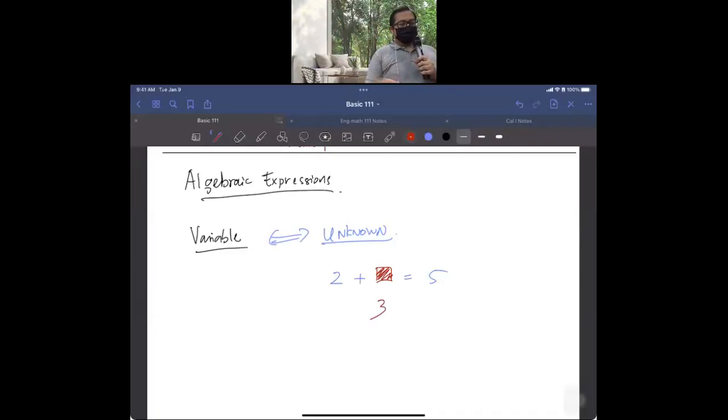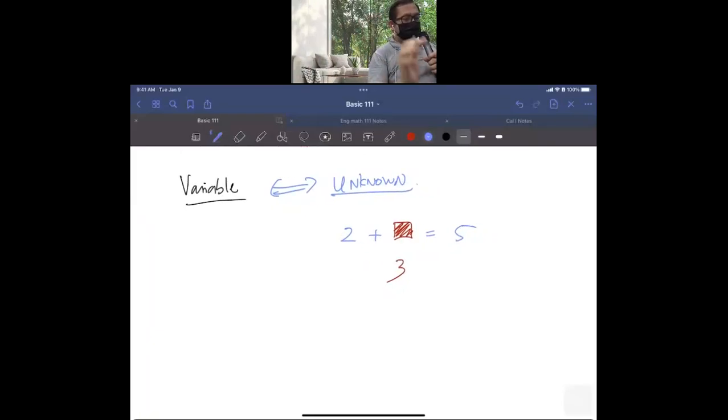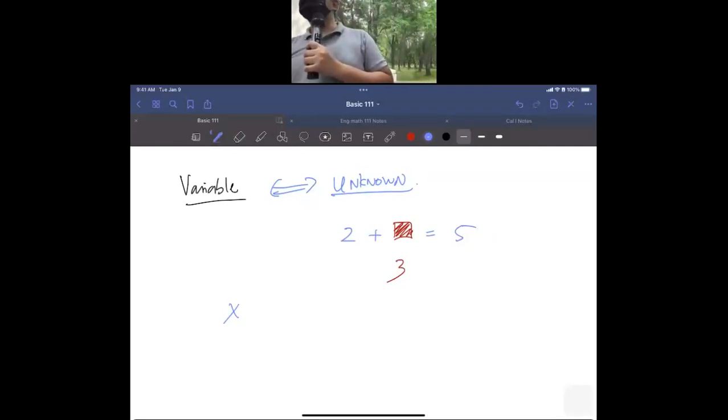So this unknown, back then, why are we so familiar with the letter x? Why not a? Why is it always x? This is just a trivial question. If you know, I can give you a present.